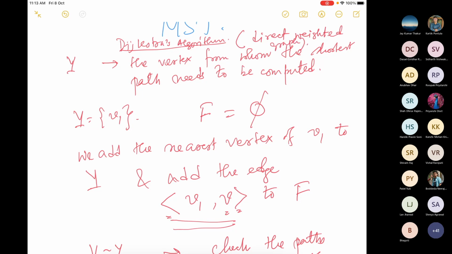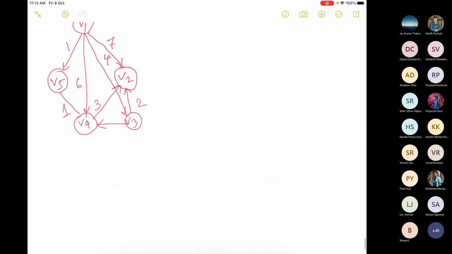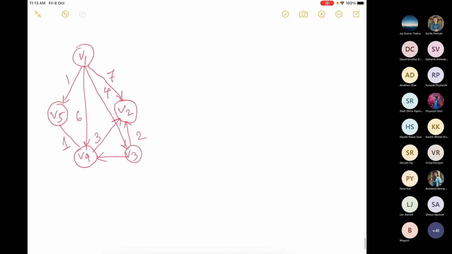We are finding the shortest path in a directed weighted graph, and that's a single source shortest path. What is the direction from V5 to V4? V5 to V4 is in the direction of V4.